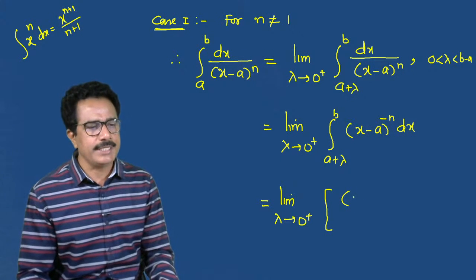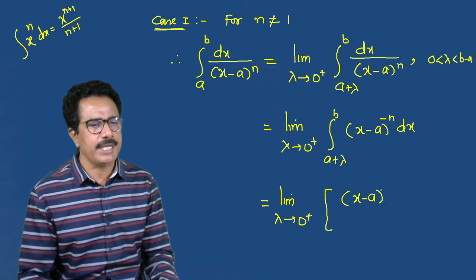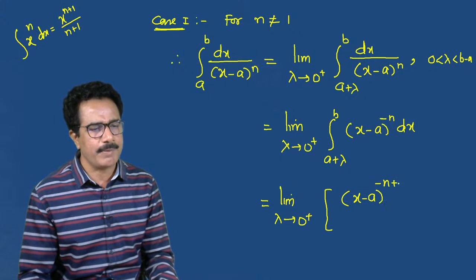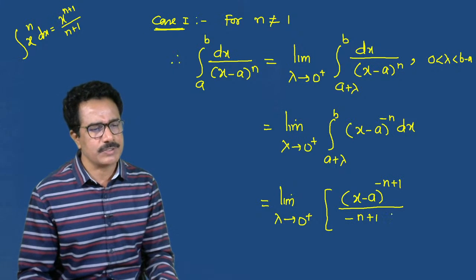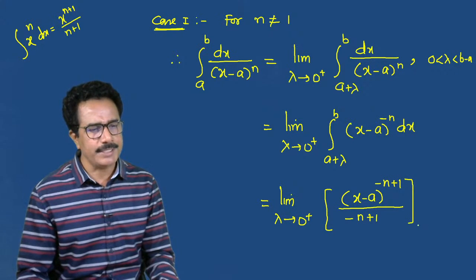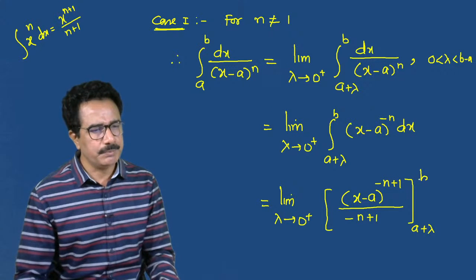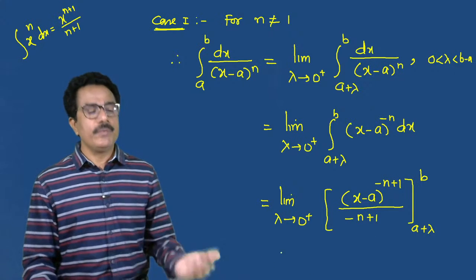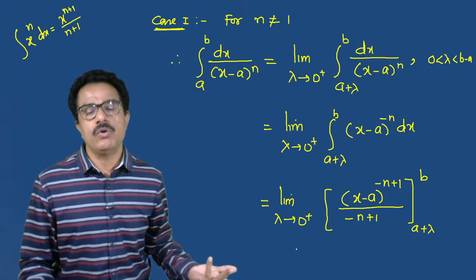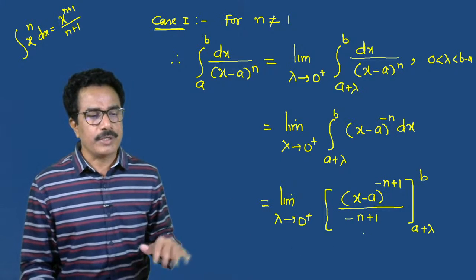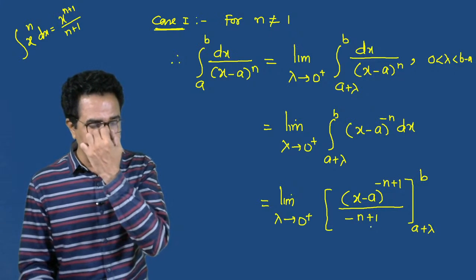So we can write this as (x minus a) raised to (minus n plus 1) divided by (minus n plus 1), over the limits a plus lambda to b. So we can take this constant term, minus n plus 1, out of the integral, out of the limits, the lower limit and upper limit.